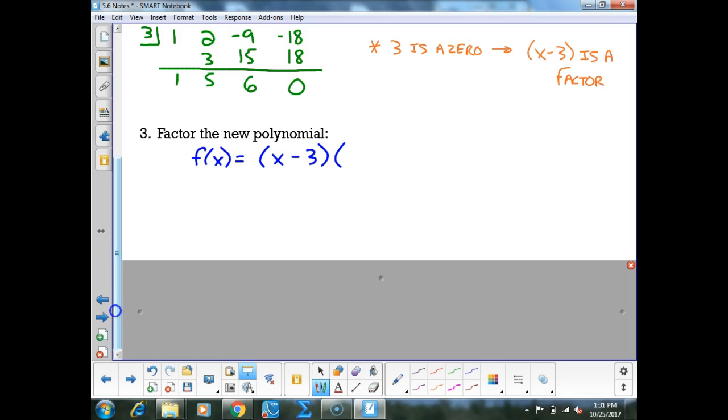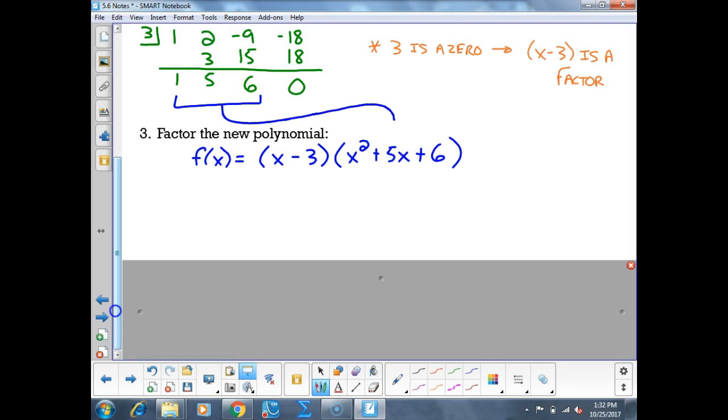I get x squared plus 5x plus 6. Remember, these 3 right here give me my result. That's why we use synthetic division to try that. Because it not only finds us a 0, but it also gives us the result, the remaining factor.